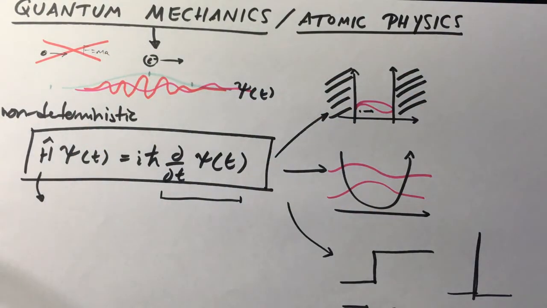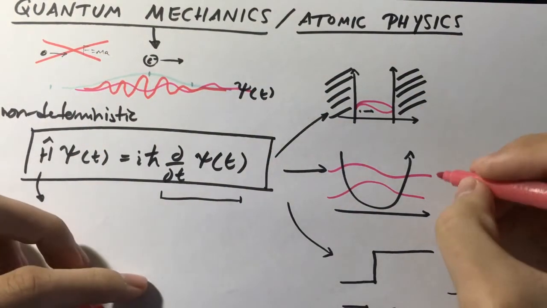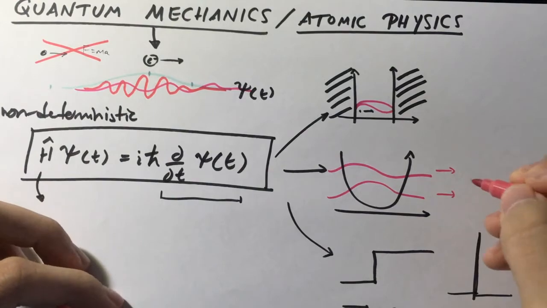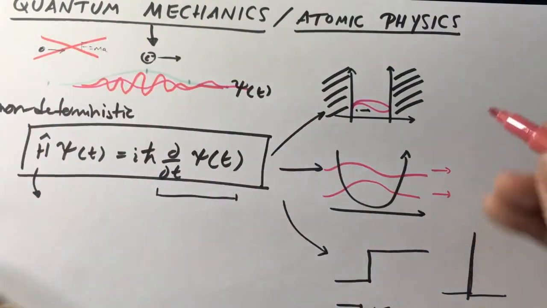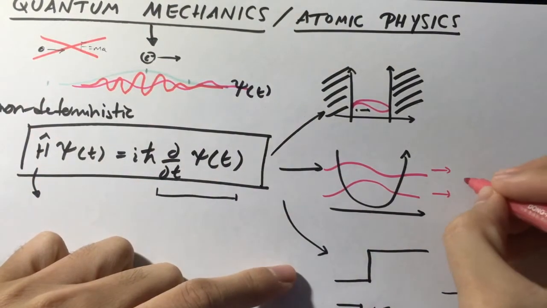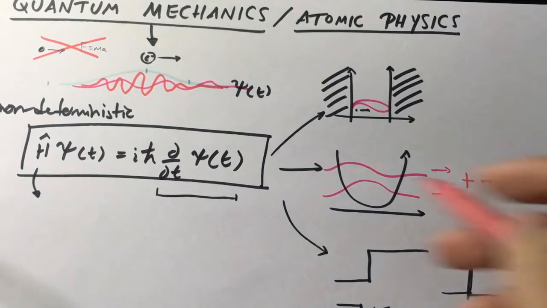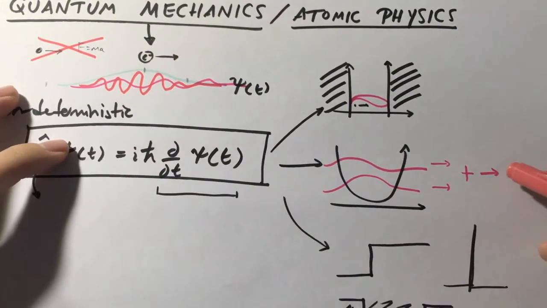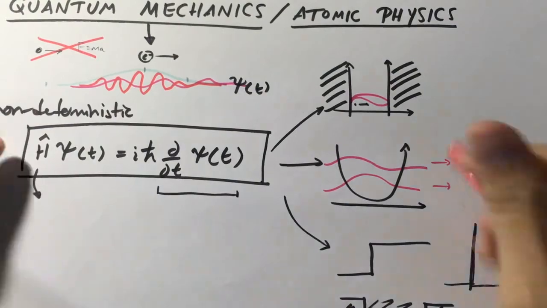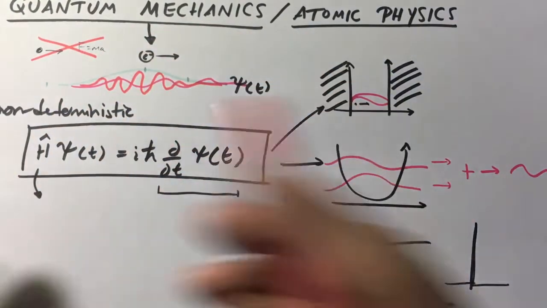You also learn about the mathematical properties, like the propagation of these particles, or the fact that if you have two possible wave functions for a particle, you can combine them together and create another wave function, which will still be a solution. That's called the superposition principle. The electron might have some initial state.